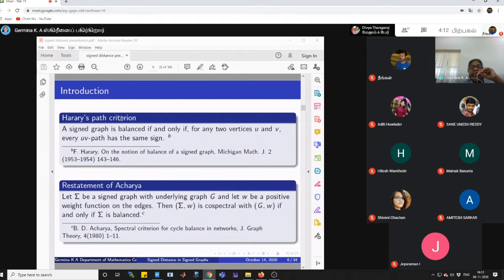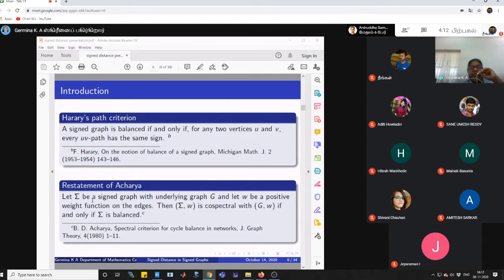A restatement of this Harary's path criterion is done by Acharya as: let sigma be a signed graph with underlying graph G, and let W be a positive weight function on the edges. Then sigma W is co-spectral with G W if and only if sigma is balanced. What do we mean by that?